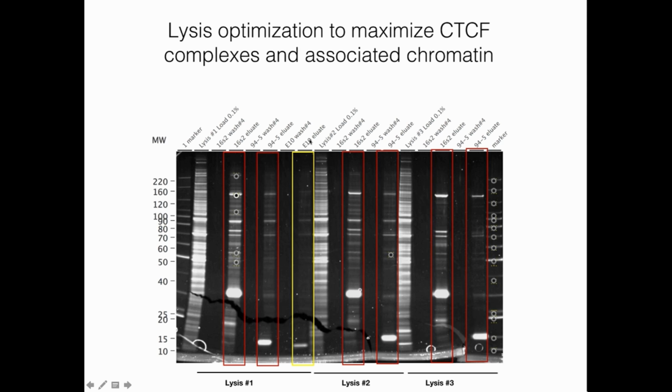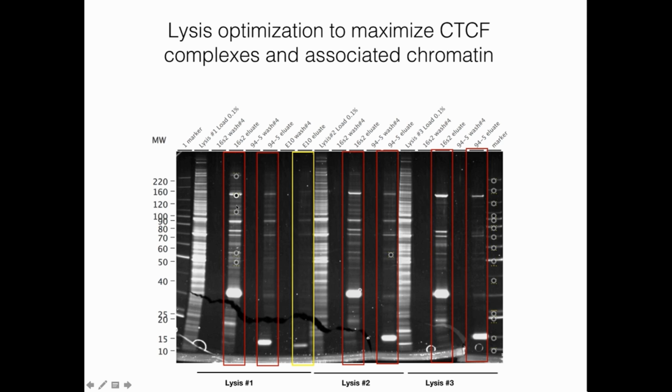We have 2 different nanobodies, 16S2 and 94.5. Under these various lysis conditions, you can see CTCF coming down here. It's this bright band just below 160 kilodaltons, and among all the other bands stained with Sypro Ruby, you can see that there's an enrichment for CTCF and some associated proteins.